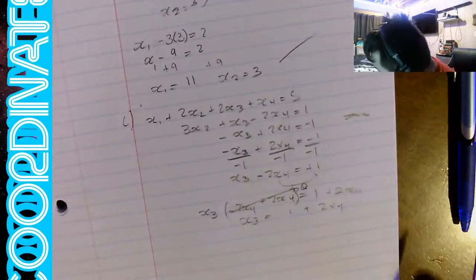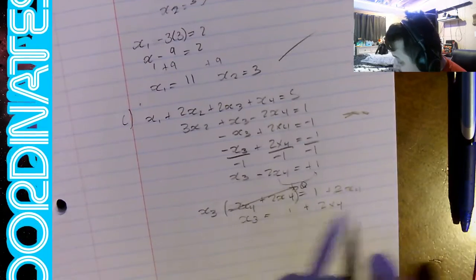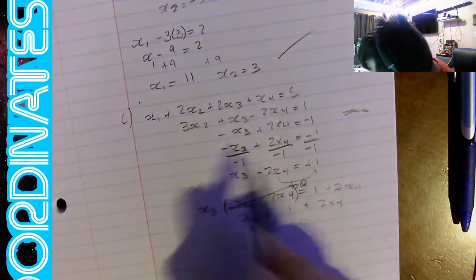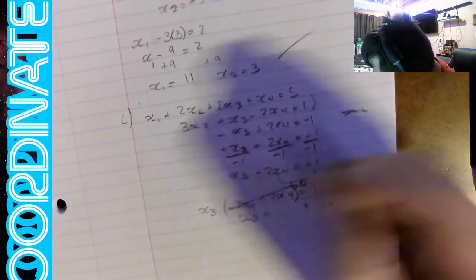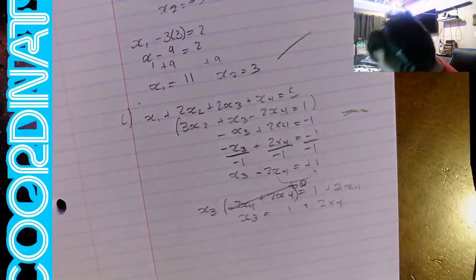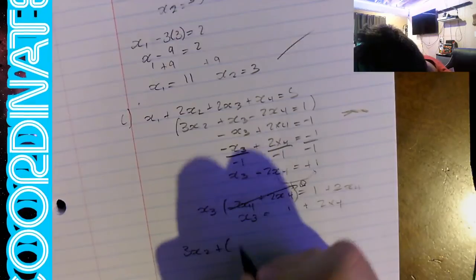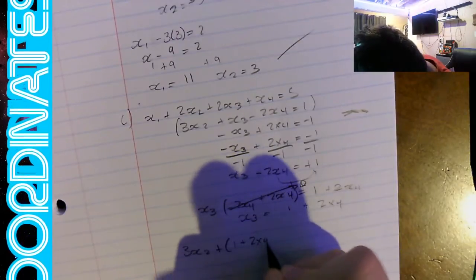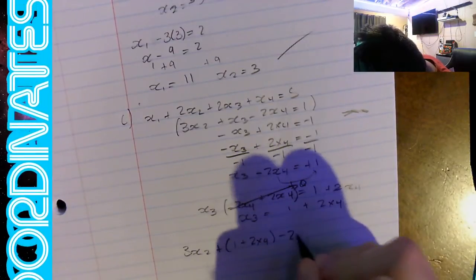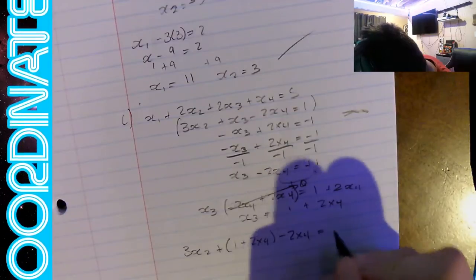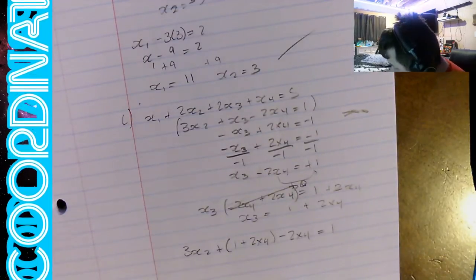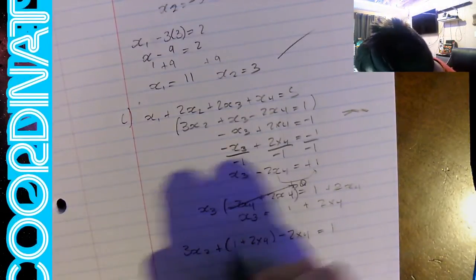Now that we have something for x3, we bring it back into the very next equation, which is this one right here. So we get 3x2 plus, in brackets, 1 plus 2x4, minus 2x4 equaling 1. Since it's a positive in front, we multiply in.